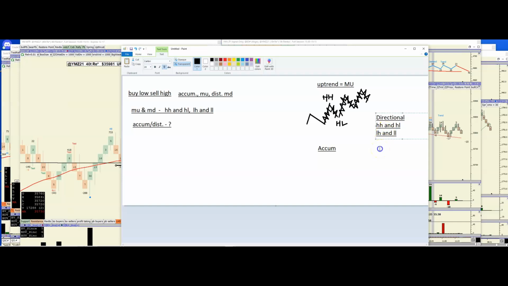It has a directional attribute because trend is directional. Therefore, its attributes of higher high, higher lows are also directional. And how do you know? It's because you have higher, higher, or lower, lower. But in accumulation, do you have trend? No, you don't have trend. Therefore, it is not directional.